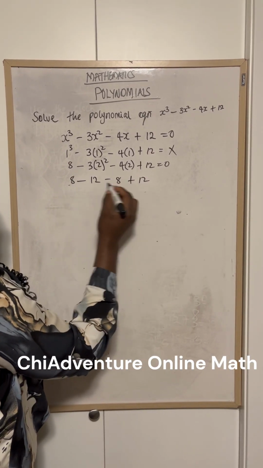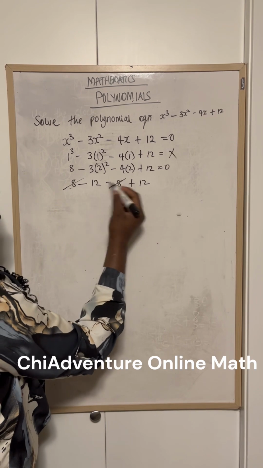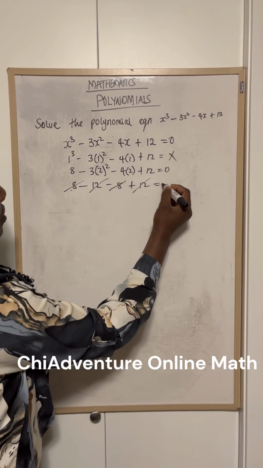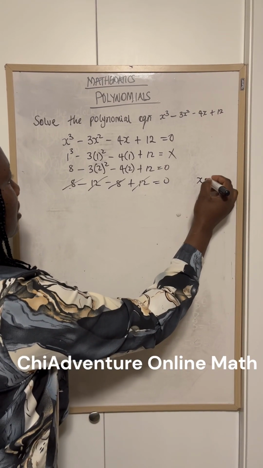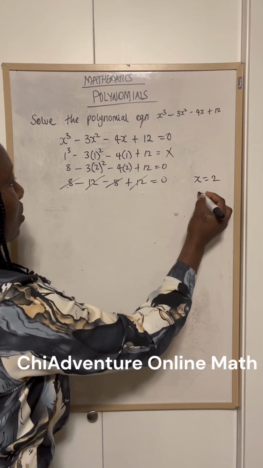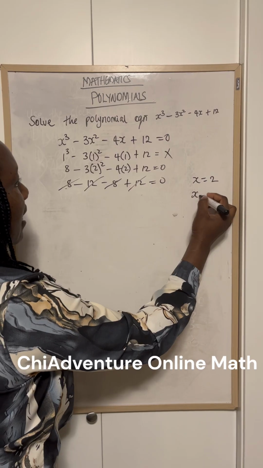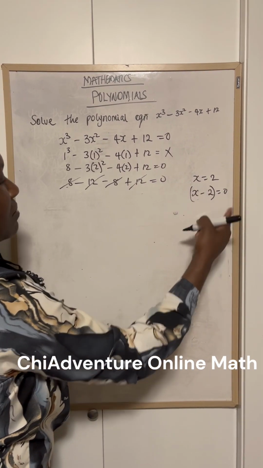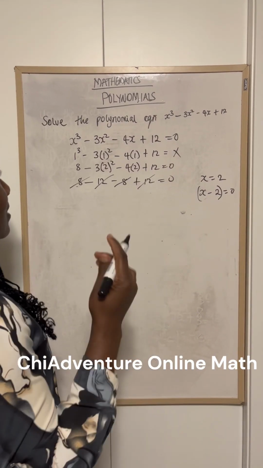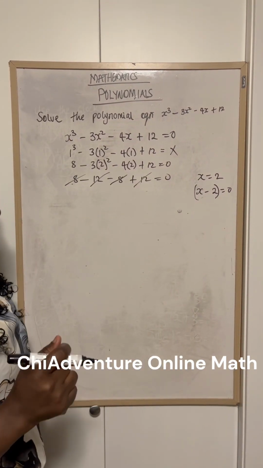So this is 8 minus 8 is 0 and 12 minus 12 is what? 0. So we have that the first factor is x is equal to 2. So if x is equal to 2, that means x minus 2 is equal to 0, and that means x minus 2 is a factor of this polynomial.